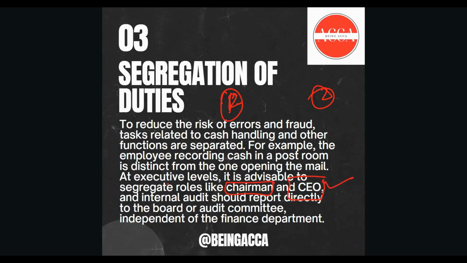So this is a very common question that gets asked in your BT or AA MCQs. If they say that in the organization the chairman and CEO are the same person, what is the risk here, or what is the error over here? The error is that the chairman and CEO have to be different because of segregation of duties, right? And the audit committee in the organization will report to the board of directors and not to the finance department, because obviously the finance department are the people who are actually preparing the financial statements.